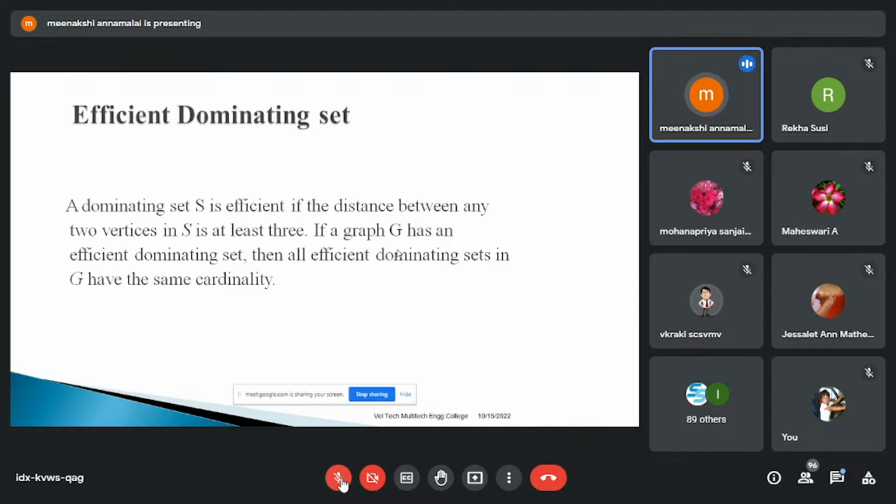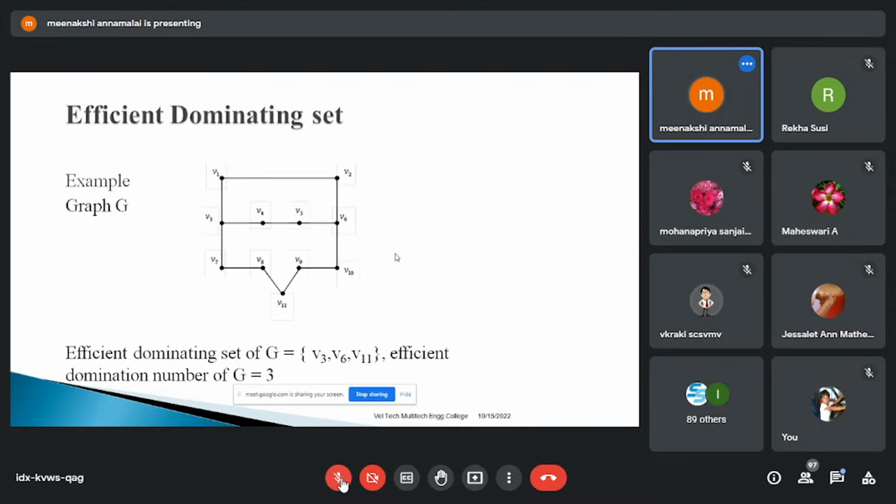For example, consider the graph G with a vertex set of cardinality 11 and the edges as you can see in the graph. The efficient dominating set is only {V3, V6, V11}. For the previous graph we discussed so many possibilities for dominating sets, and even for minimal ones we discussed two cases. But here this dominating set is unique.